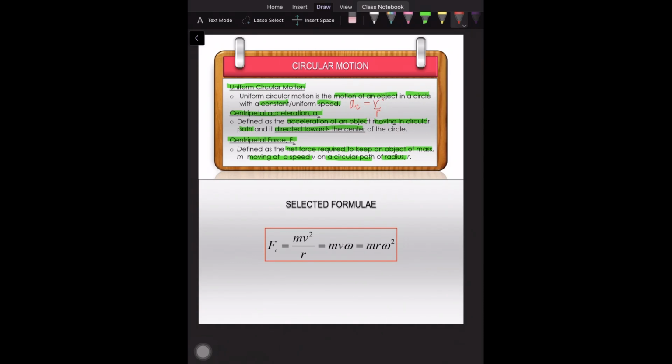Alright, so we continue with the formula that will be given in PSPM. The selected formula in PSPM for this chapter is only F_c equals m v squared over r, equal to m v omega, and also equal to m r omega squared, where m is the mass, v is the speed, omega is the angular velocity, and r is the radius of circular motion.